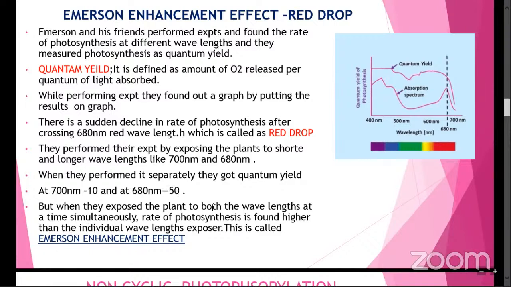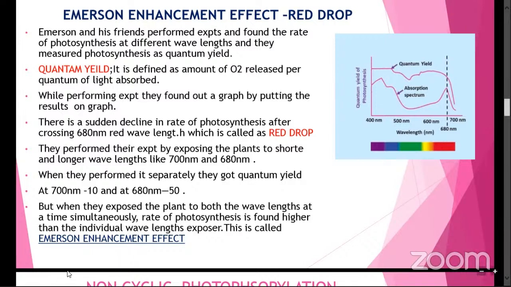And when they expose the plant to both the wavelengths simultaneously, the rate of photosynthesis is found to be higher than the individual wavelength exposures. The point is, individually exposed wavelengths give different amounts of quantum yield. But when the plant is exposed to both the wavelengths at the same time, that gives more quantum yield than the individual exposures.